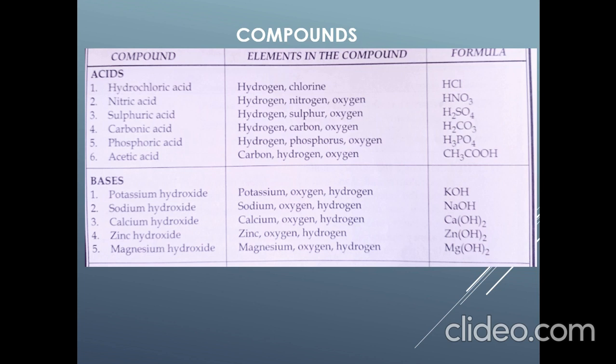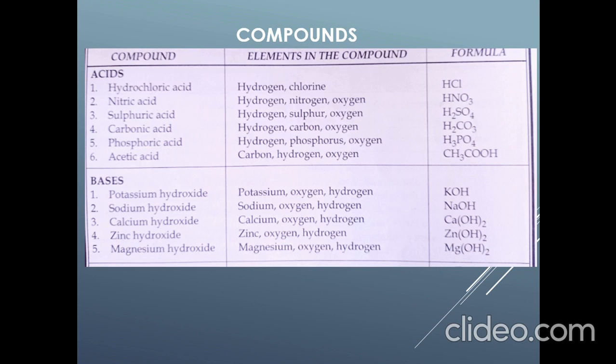It consists of hydrogen, phosphorus and oxygen and the formula is H3PO4. Next is acetic acid, which is also called vinegar. It consists of carbon, hydrogen, oxygen and the formula is CH3COOH. So these are all acids. You must learn the formulas of these acids.